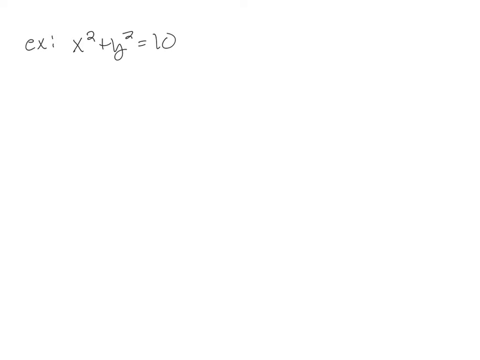Watch this. What if I want to find dx dt when, let's say, x equals 5 and dy dt equals 3. Just making up some random numbers here.